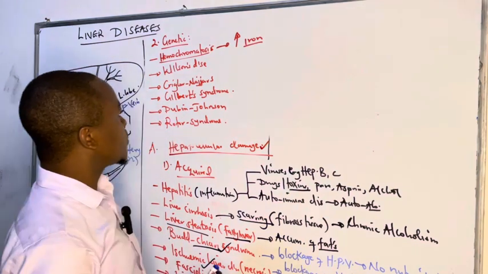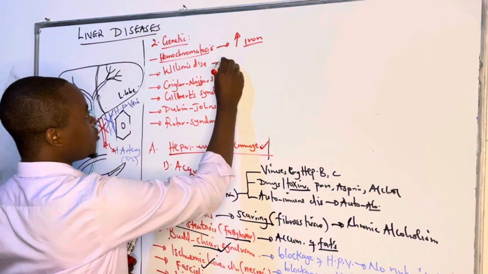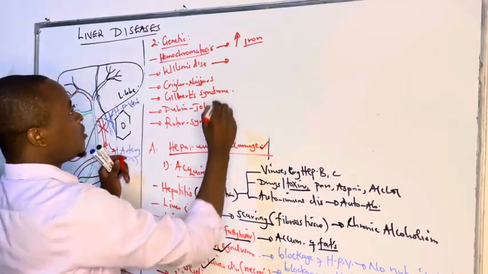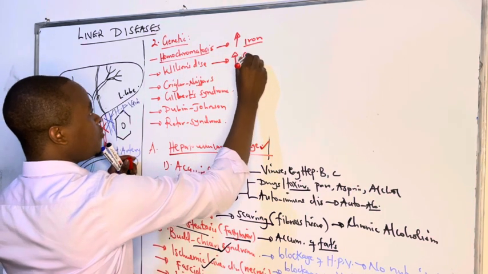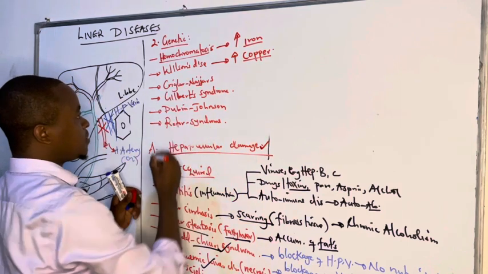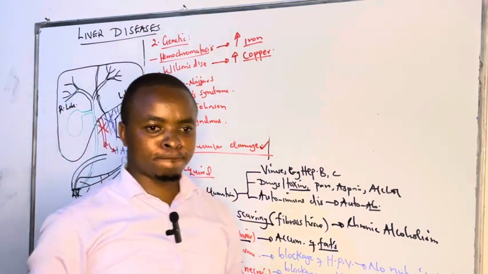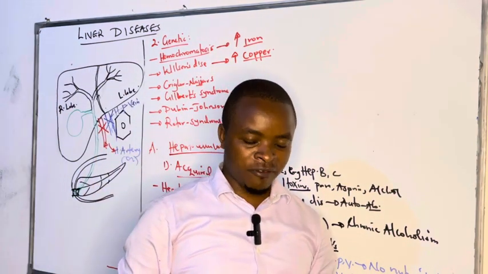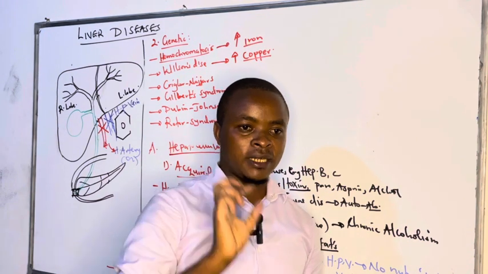Sometimes we can do a bone marrow biopsy and stain to look for presence of iron in the bone marrow. Then Wilson's disease is also an inherited disorder whereby we see accumulation of copper. Copper accumulates in the liver cells, and whenever it accumulates, it causes damage.